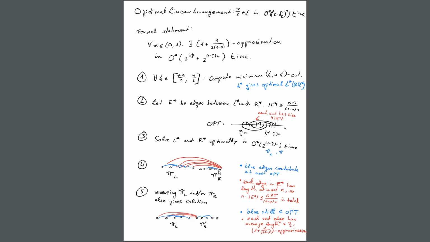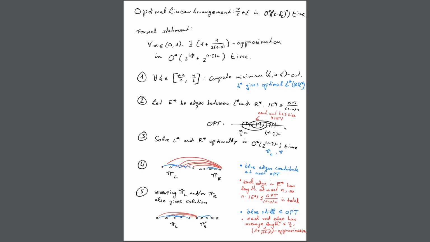But the deciding factor here, why we can get better, and this is why this does not work in the directed case, is if I have a solution pi R for the right side and pi L for the left side, I can also reverse one or both of them, and this gives me new solutions. So let's just reverse the solution for R. The size of all of these cuts within stay the same, but some of the red arcs become smaller and some of the red arcs become bigger.